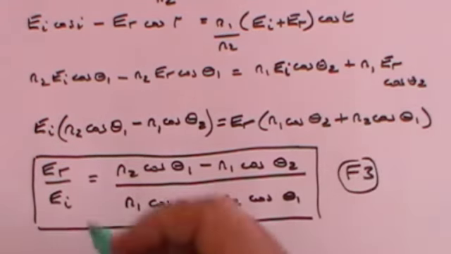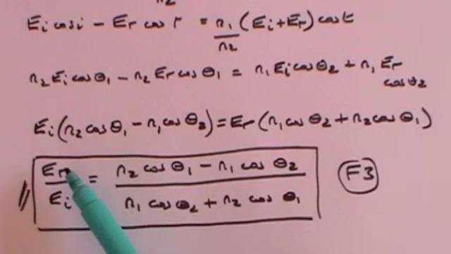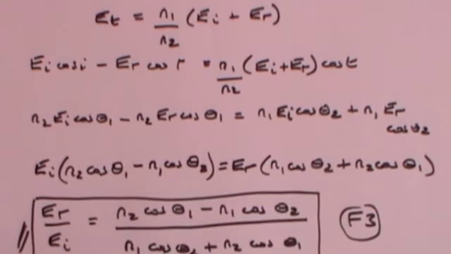And that relates, remember, to the, make it clear, the parallel E vector. We did the perpendicular before, we're now doing the parallel in the plane of the paper. And that relates the parallel reflected E vector to the parallel incident E vector. Just one more Fresnel equation to go.